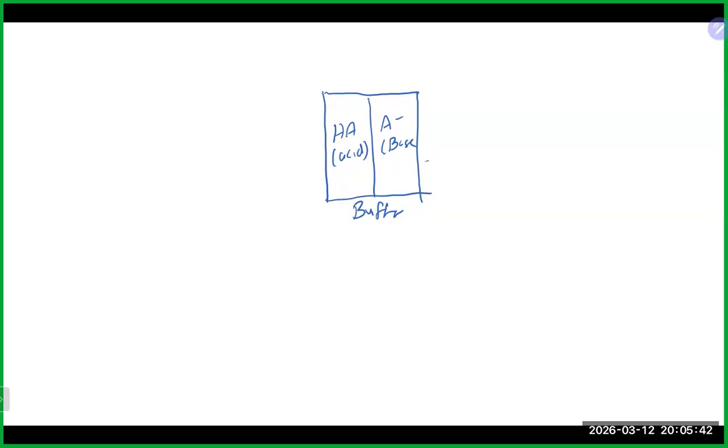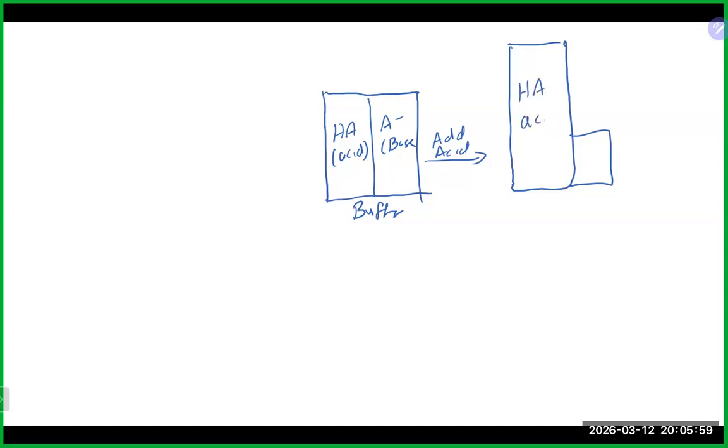When we add more acid to our buffer, it is going to use up the base part and make some more of the acid part. Dramatically drawn here, not to scale, we will make more of the acid part of the buffer, and we will use up some of the base part of the buffer.